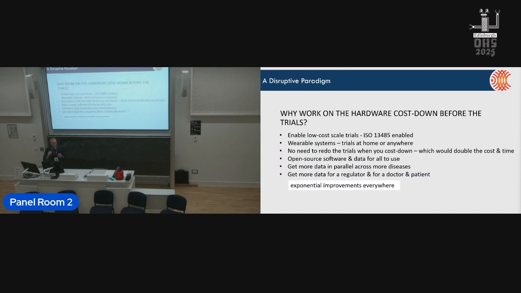So what we have done is we have worked on doing design for manufacturing to drive the cost of our devices down before we did the clinical trial step. That means that we have implemented an ISO 13485 system. So everything that we've done is documented just like a medical device company would.